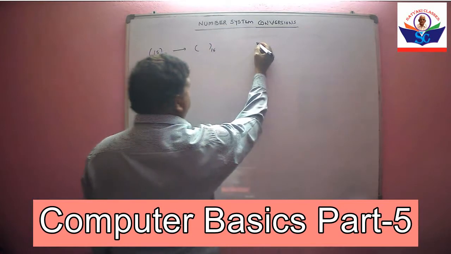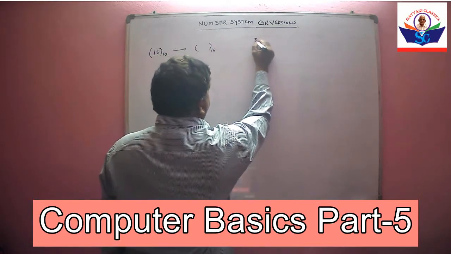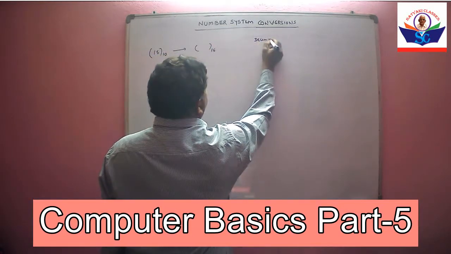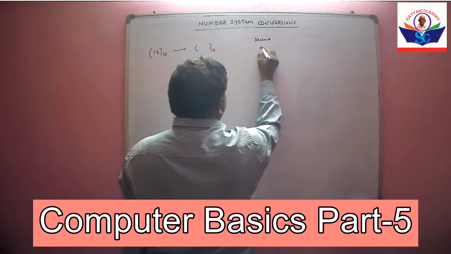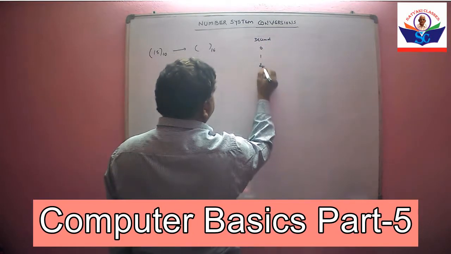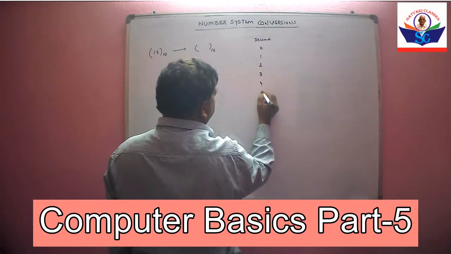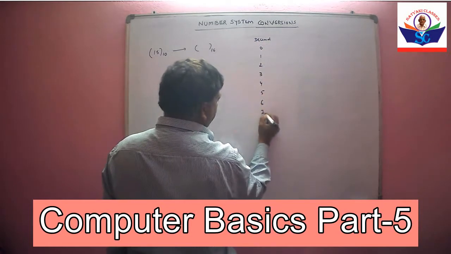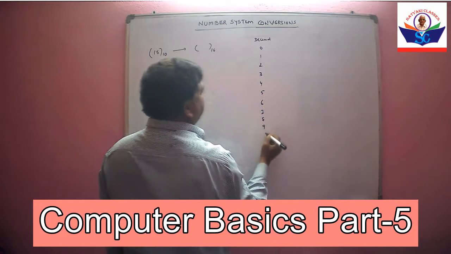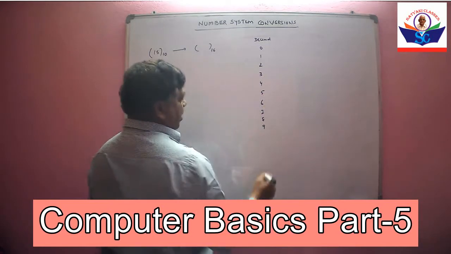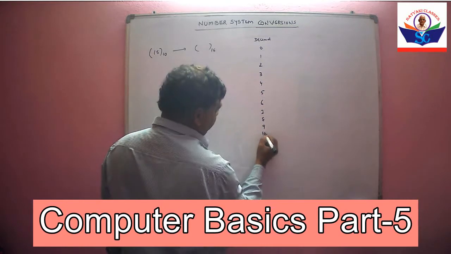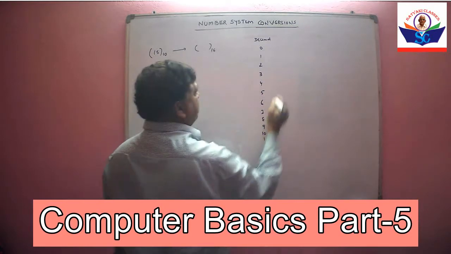If you observe here, in decimal numbers we have 10 digits: 0, 1, 2, 3, 4, 5, 6, 7, 8, 9, and then we have 10, 11, 12 and so on.